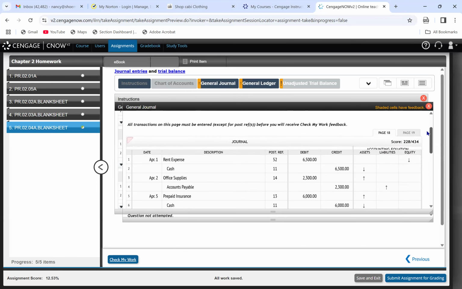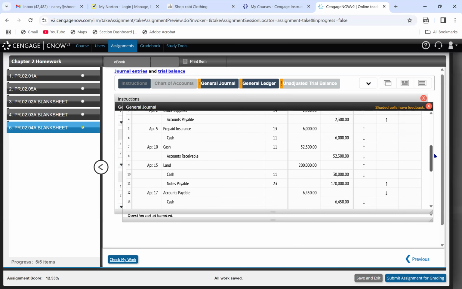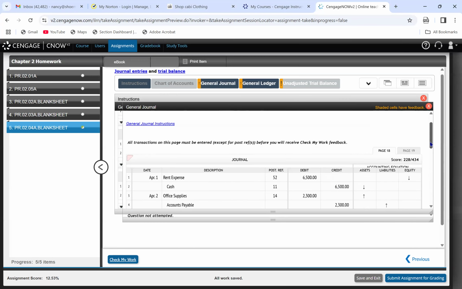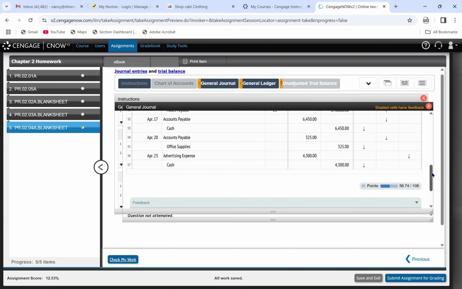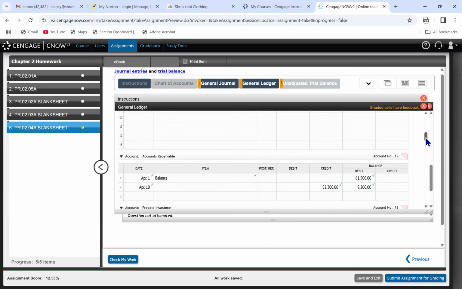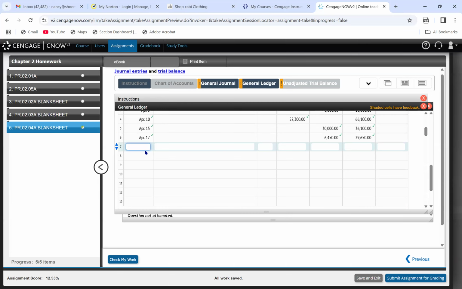And I will reduce my cash by 4,300. So this would bring this down to 25,350.